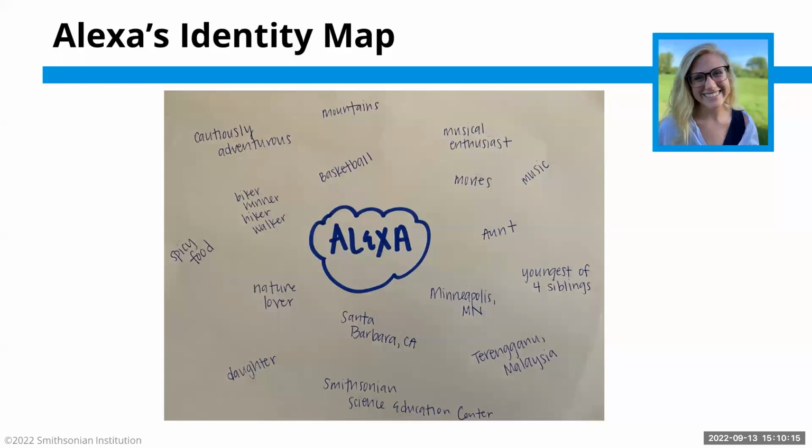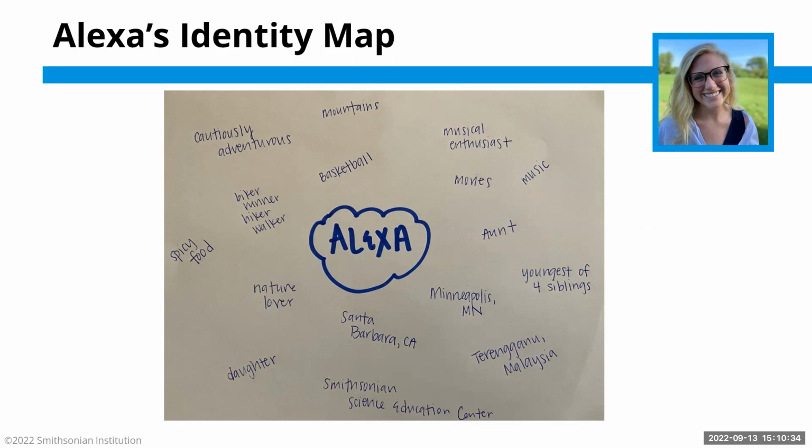You can see that my colleague Alexa did her identity map this way. And Alexa is there in the corner. I've moved myself now. So Alexa has her name in the middle, and she has lots of different things that are important to her.